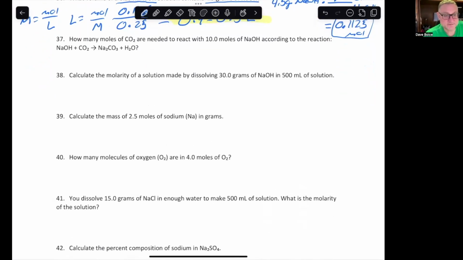Okay, number 37. How many moles of CO2 are needed to react with 10 moles of NaOH according to the reaction NaOH plus CO2 equals Na2CO3? Okay, so first thing, I just noticed this is a mole-to-mole ratio, and it's not actually something that's covered on the test.